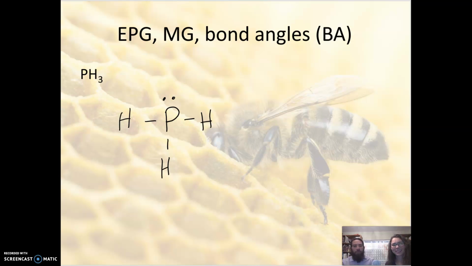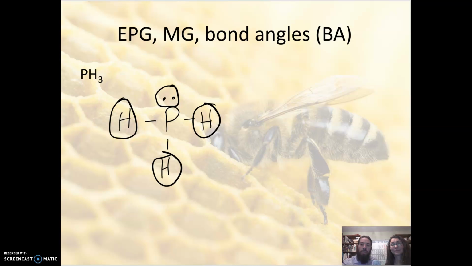So I think what we want to do to start is, when we look at a molecule, you're probably going to have to draw the Lewis structure, but we've drawn these for you. First thing we want to do is count these domains. Remember, domains are going to be bonded atoms or lone pairs of electrons. So I have 1, 2, 3, 4. So 4 domains.